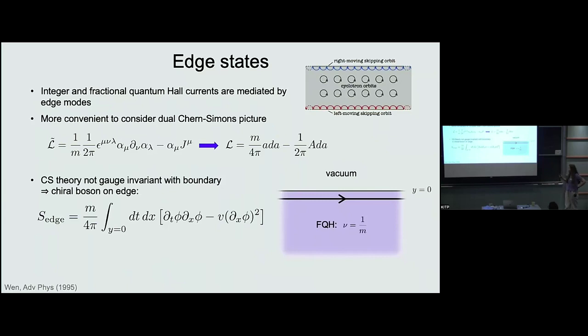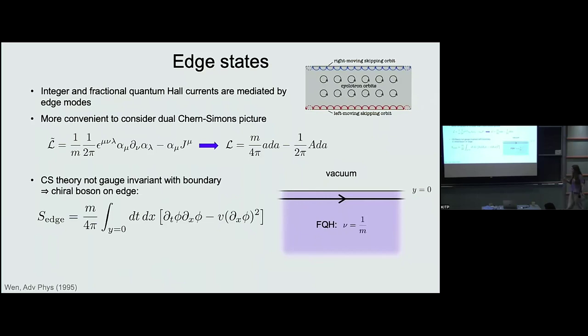Also important though here is that this gauge field A now couples to the physical external field also through a Chern-Simons coupling, whereas here this alpha coupled directly to matter in the same way that that big A would.